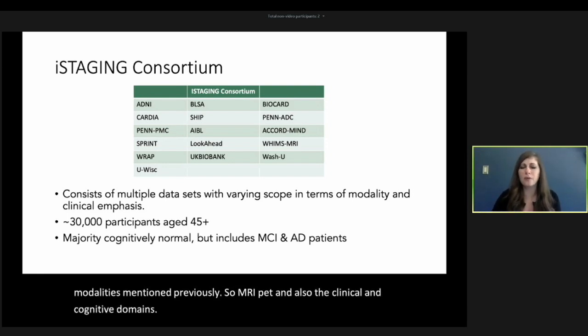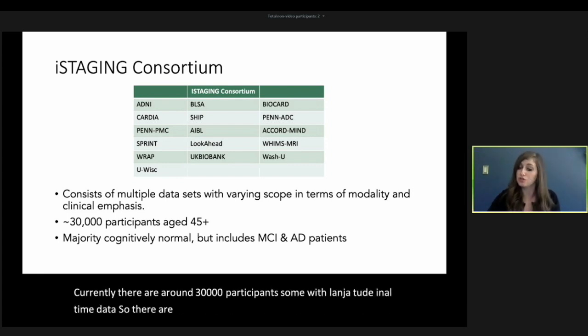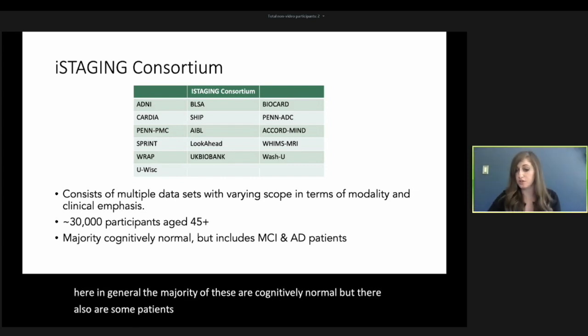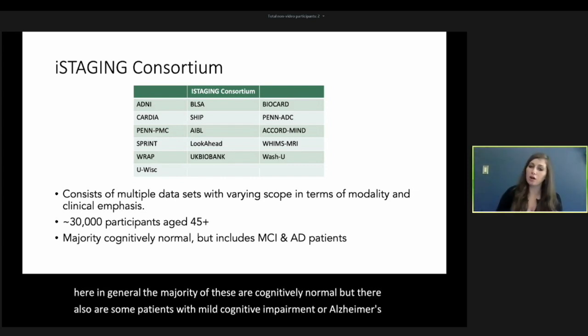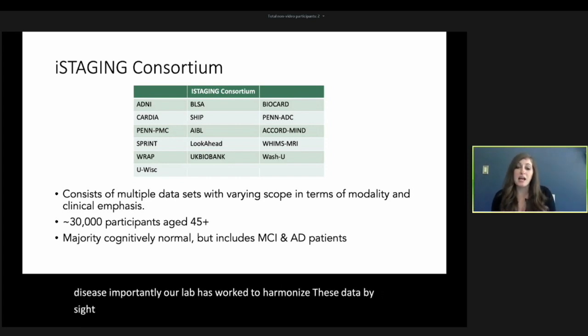Currently, there are around 30,000 participants, some with longitudinal time data, so there are many more time points actually than you see here. In general, the majority of these are cognitively normal, but there also are some patients with mild cognitive impairment or Alzheimer's disease. Importantly, our lab has worked to harmonize these data by site so that we can work with the data as if it comes from a common source.